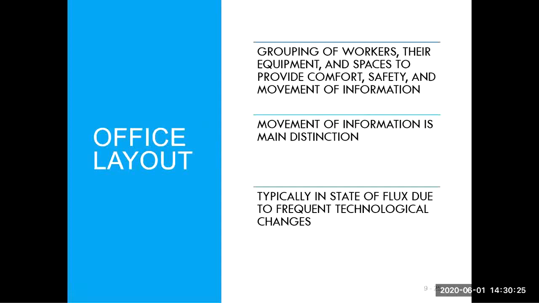And the main distinction of this layout is the importance of information flow. It's not only the movement flow of materials, but in the office, the movement of information, compared to other layouts.